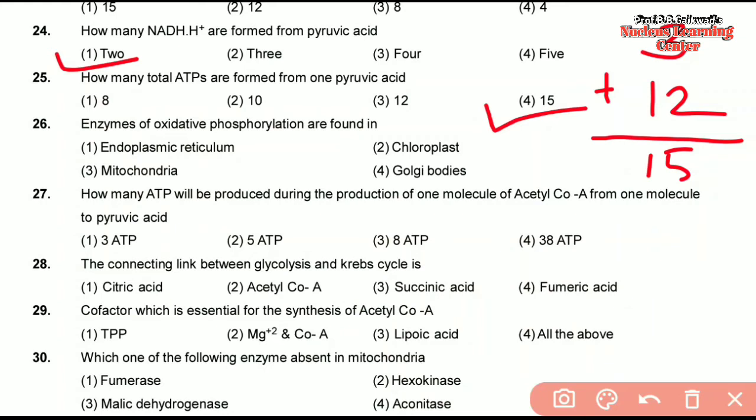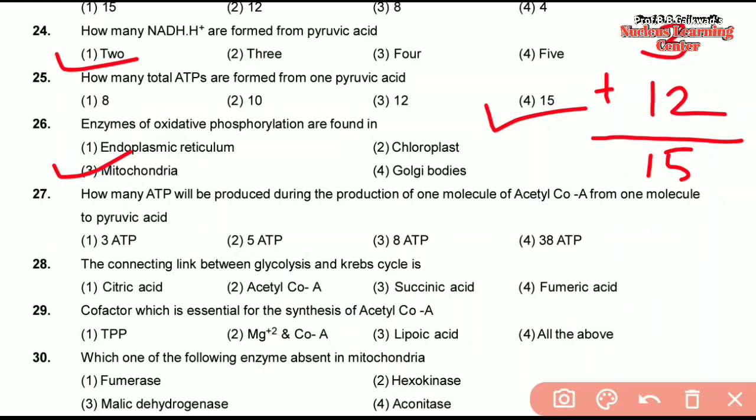Then the next question, enzymes of oxidative phosphorylation are found in mitochondria, right?